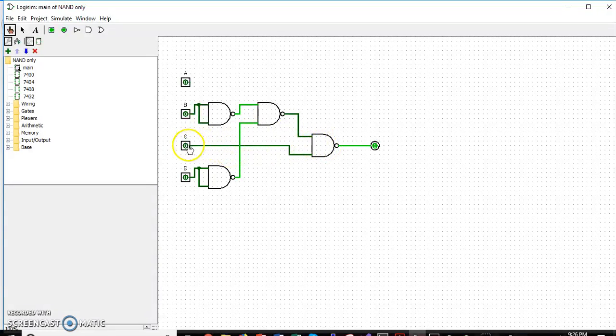So we have the C gate here that doesn't have an inverter on it. Since we're looking for a not C, that works. And since this is a NAND gate, and we're looking for an AND gate, this also works. So this NAND gate essentially is functioning as an OR gate.